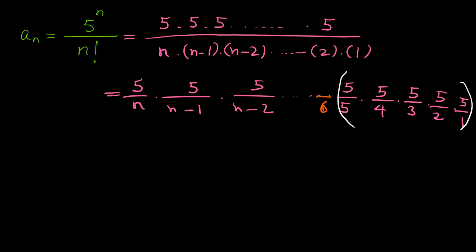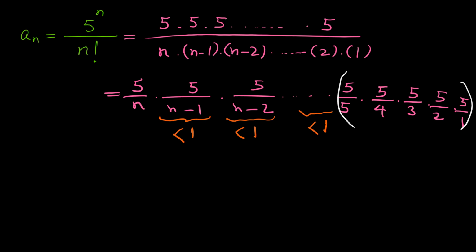So all of these terms are smaller than 1. Why are these fractions all less than 1? Because their numerator is less than their denominator. For example, 5 over 6 is less than 1. 5 over 10 is less than 1.